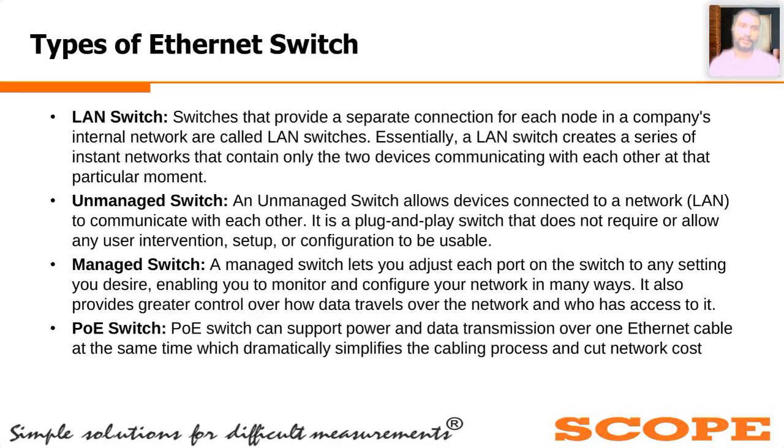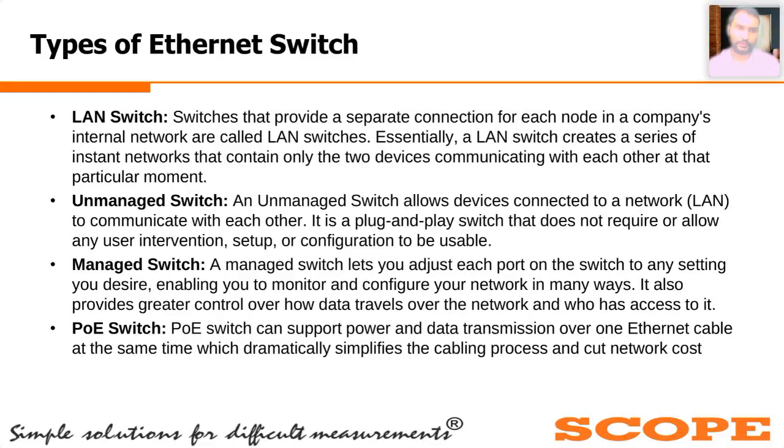An unmanaged switch is a simple plug and play switch. It doesn't have any particular MAC ID address configuration, so one device will transmit the data packet through the MAC address, and it will go manually, based on the connections.